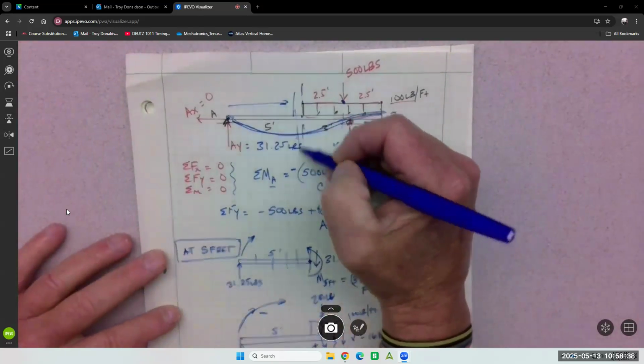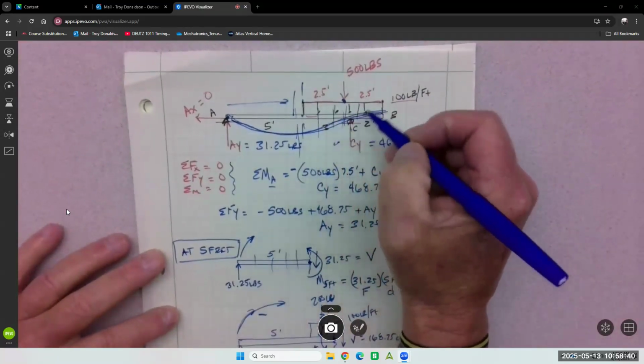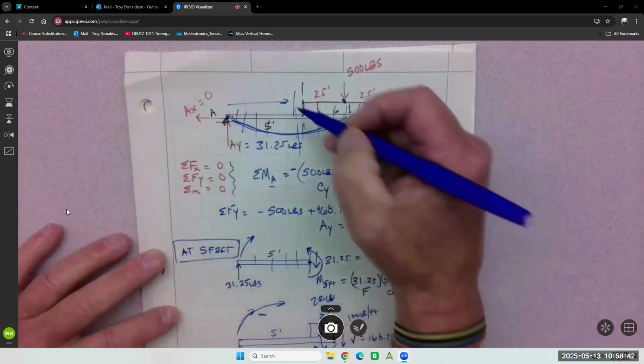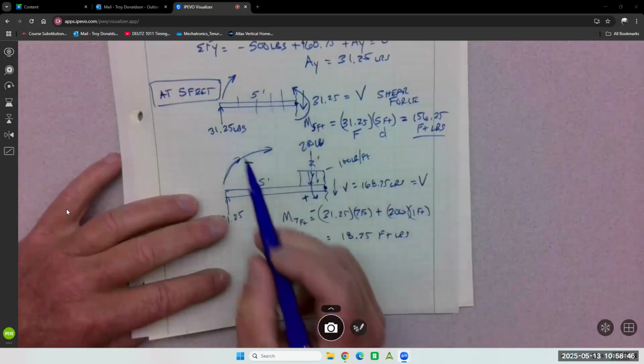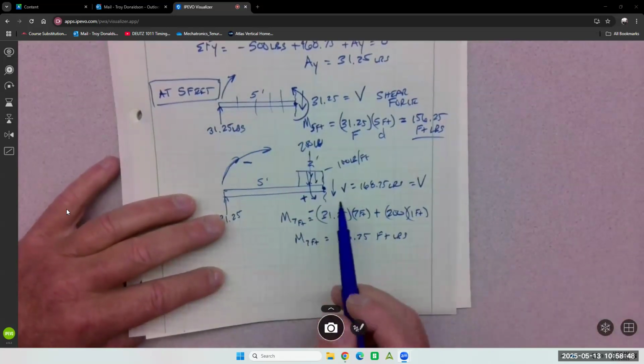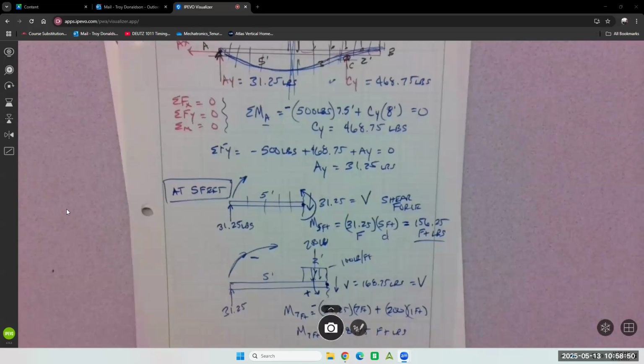It's in here somewhere, kind of right where this 5 was. So it will go up and down based on the load and how the load is fighting each other. And the deflection curve, like how this thing bends, gives you a hint as to where those maximums are.